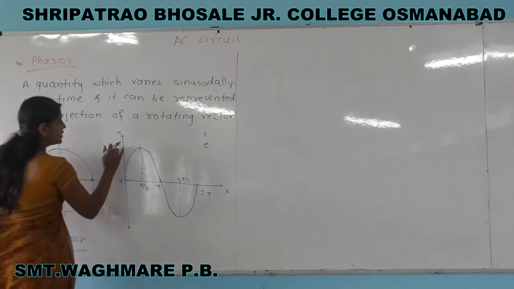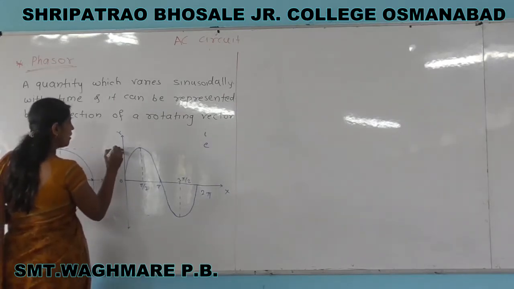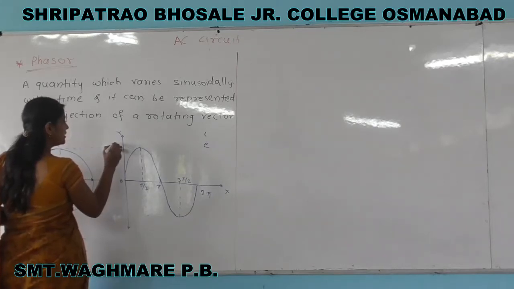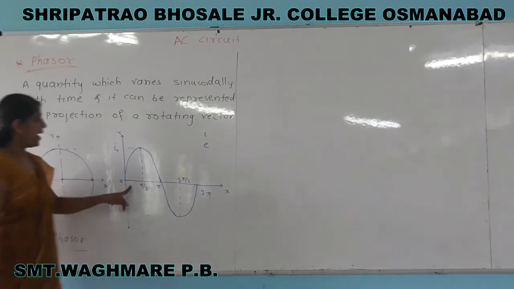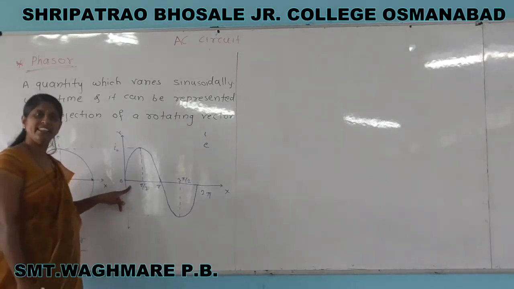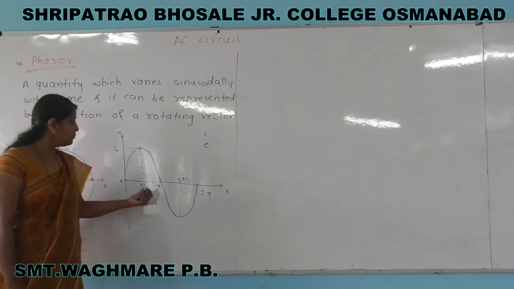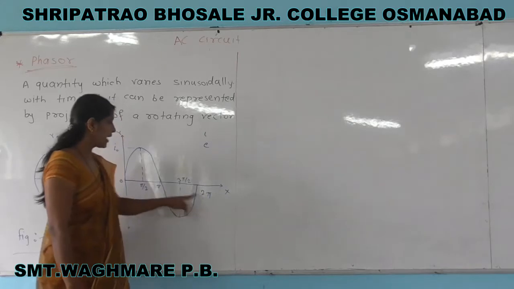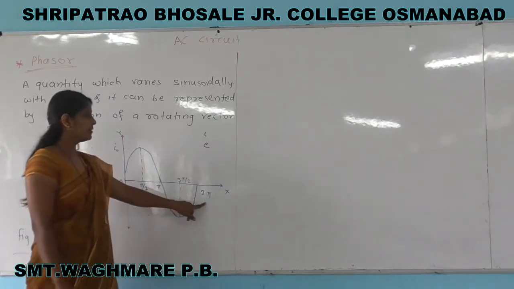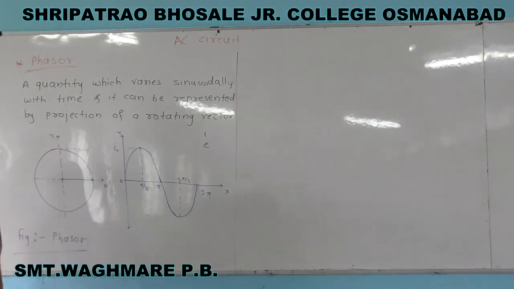Now suppose this is the peak value of current, that is I naught, and we know that in an AC circuit the current varies with time, and this is the phase angle at every instant.